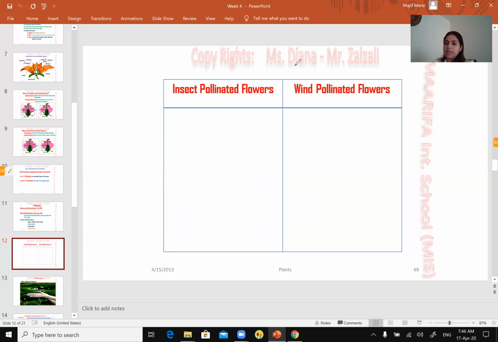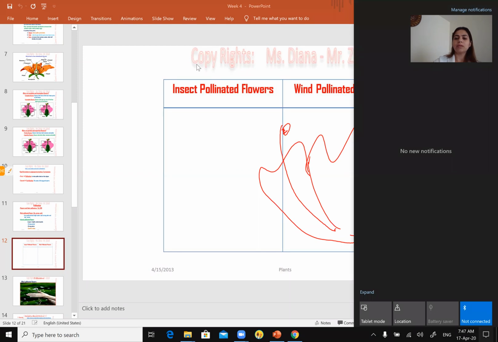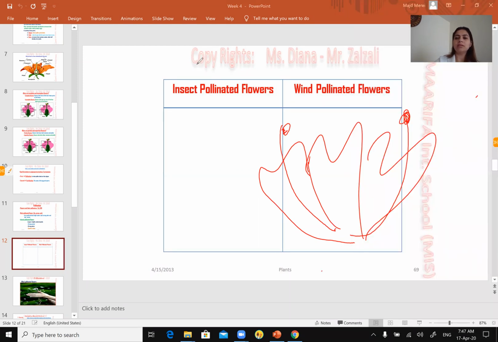There are also other differences actually. For example, if you have a flower with this long stamen, you have filament and anther. Look at the stamen, it is long. So if these are the petals, still the wind can carry the pollen.